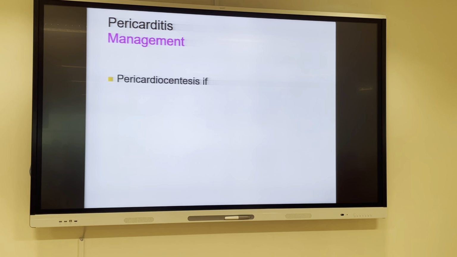If prednisone doesn't work, then you try methotrexate and other unusual things. But this is not the first presentation. The first presentation, you give high dose NSAIDs and then colchicine. If that doesn't work, with multiple recurrences, then you can do other treatments.